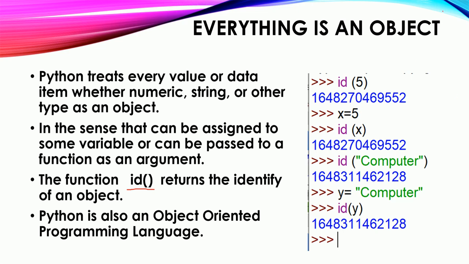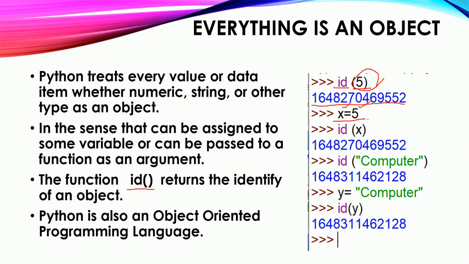Let's see it practically. Suppose I am writing id within the bracket, and within the bracket I write 5. I would like to see the identification of the number 5. The identification number it is showing is 1648270469552. In the next line I assign a variable, named x, the value 5.